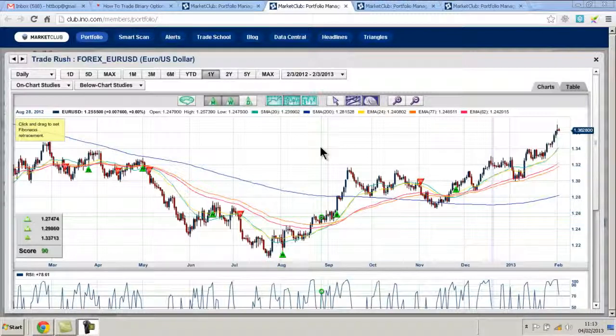Now when you break it down into percentages, the euro makes up 57.6% of the dollar index. And then the Japanese yen is the next one, 13%. The Great British Pound makes up 11.9%. The Canadian dollar 9.1%. And then the Swedish krona is 4.2%, and the Swiss franc 3.6%.